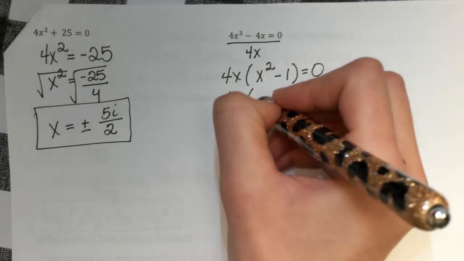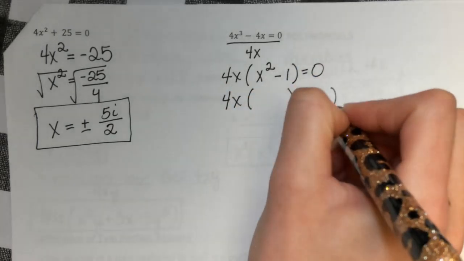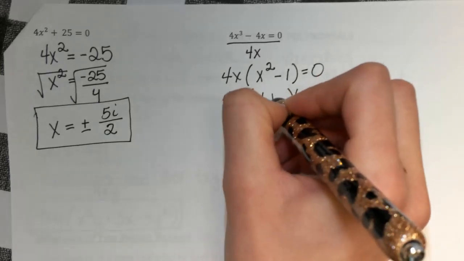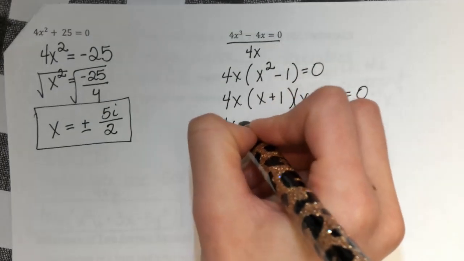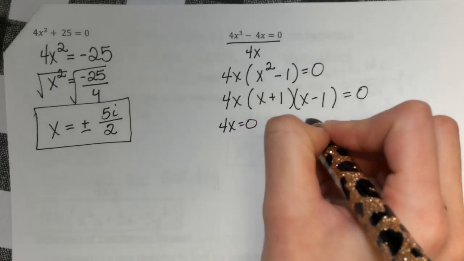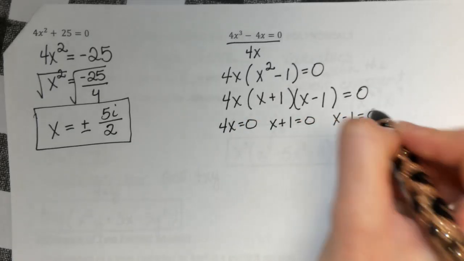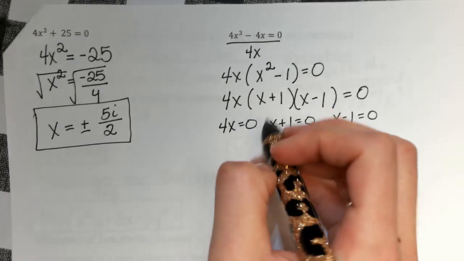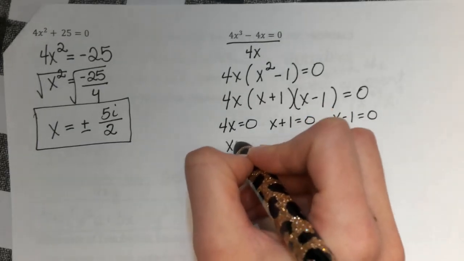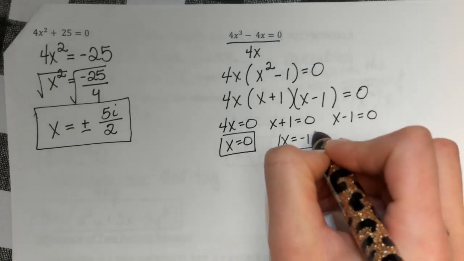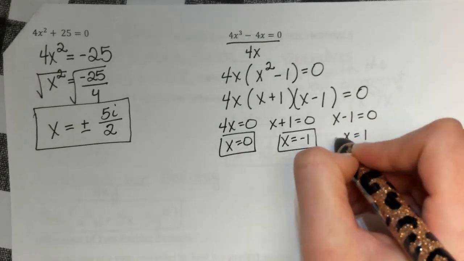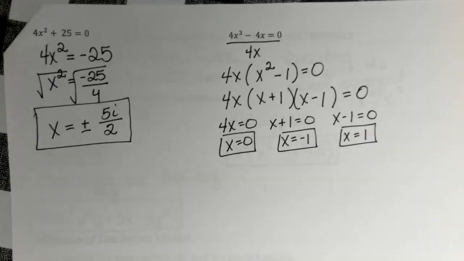So 4x times, that's the difference of two squares, x plus 1, x minus 1. So 4x is equal to 0, x plus 1 is equal to 0, x minus 1 is equal to 0. Divide by 4, x is equal to 0. Subtract your 1, x equals negative 1. Add your 1, x equals positive 1.